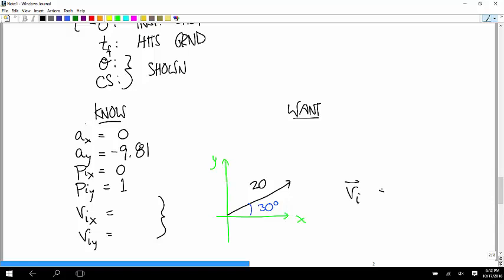So the initial velocity vector is 20 times cosine of 30, 20 times the sine of 30, and that is 17.32 for x and 10 for y.